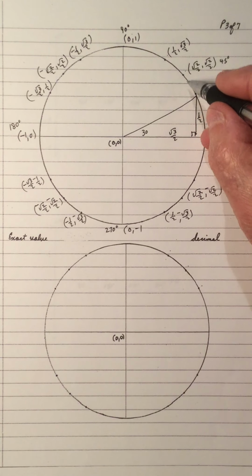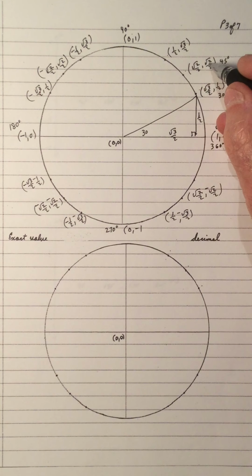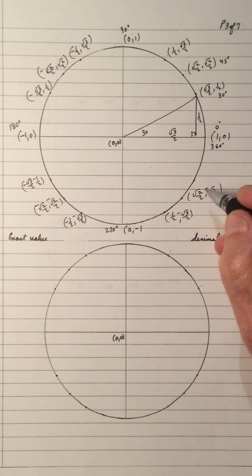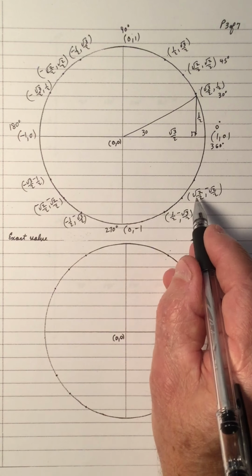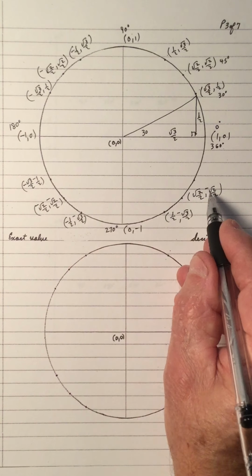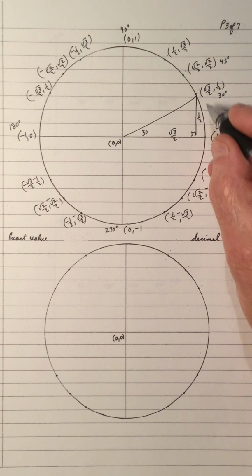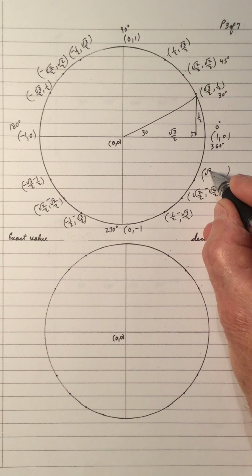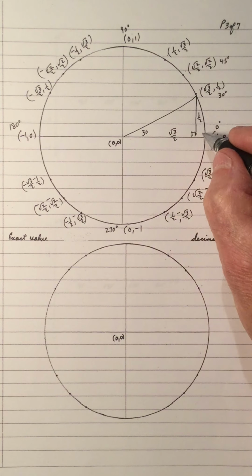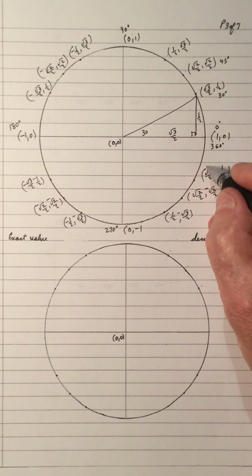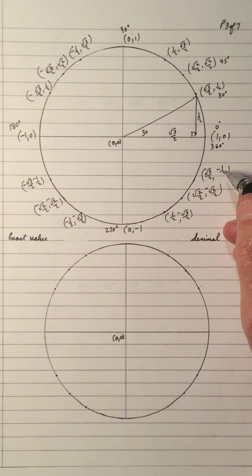So if we look at it from this point of view, the x is the same, but the y is plus, the y is minus. If we look at it from this one, the x is negative here, the x is positive here, and the y's stay the same. And one more, we have x is negative root 3 over 2, and the y is negative, because the x is positive. So we take this point, the x values are the same, but the y values are opposite of each other.